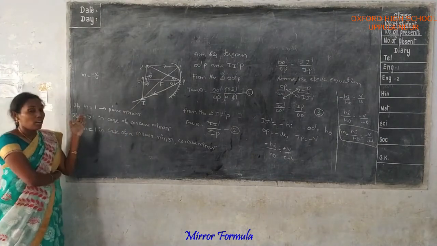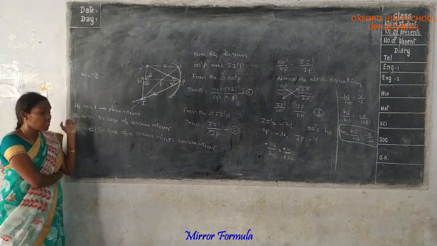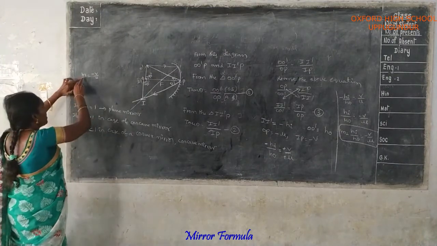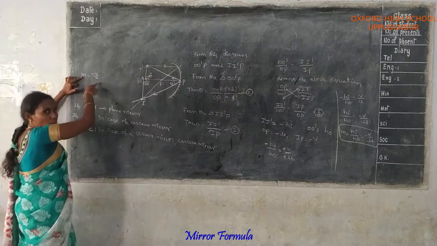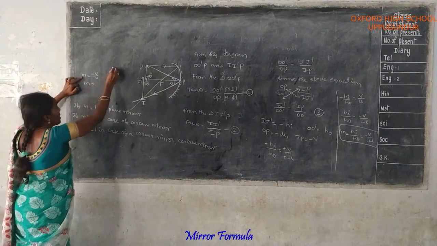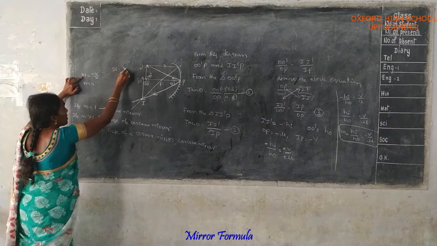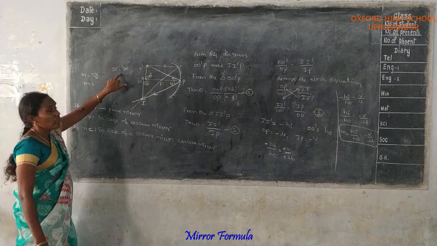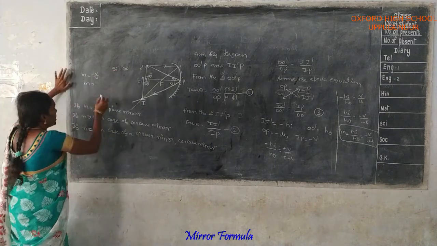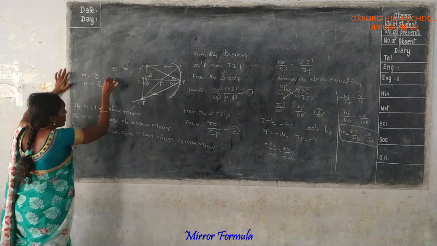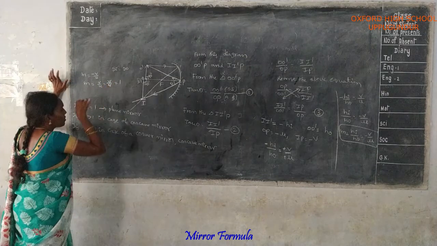How is the magnification always 1 in a plane mirror? Magnification is image distance by object distance. In a plane mirror, the size of the image is always equal to the size of the object. That means object distance is always equal to image distance. Here V by U, when U and V are substituted, both get cancelled and the value is 1.